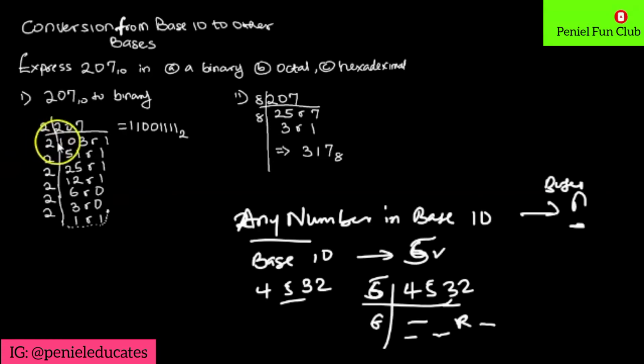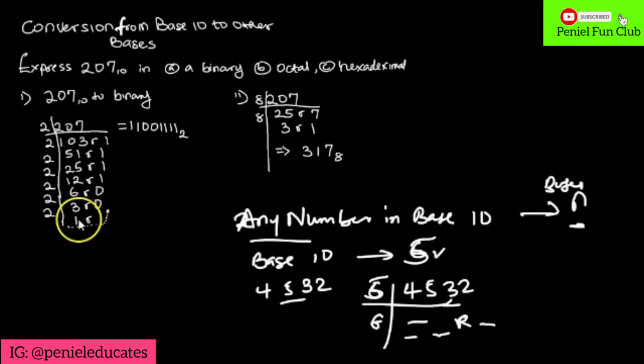So if you look at the example that we're given here, we constantly divide 207 by 2. If you divide 207 by 2, you get 103 remainder 1. That's how you do it up till when you get 1 remainder 1.